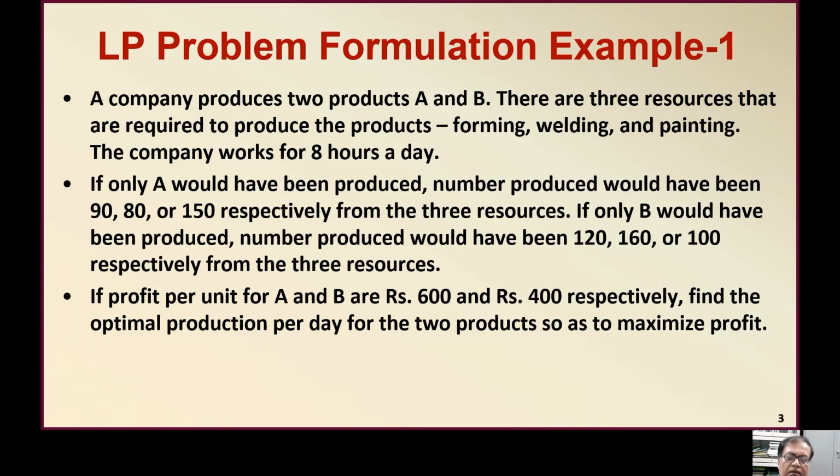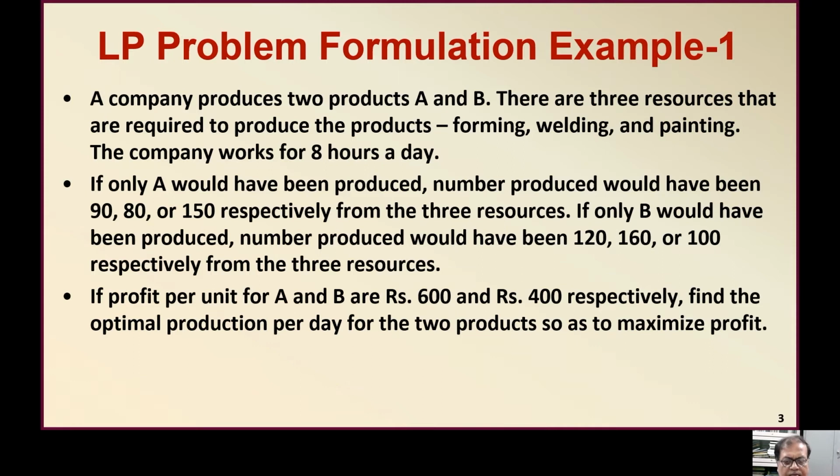Think over. This will be x1 by 90. Why x1 by 90? 90 is the total resource, and x1 is what you are using for producing product A. Similarly, x2 by 120 is the resource that you are going to be using for product B.